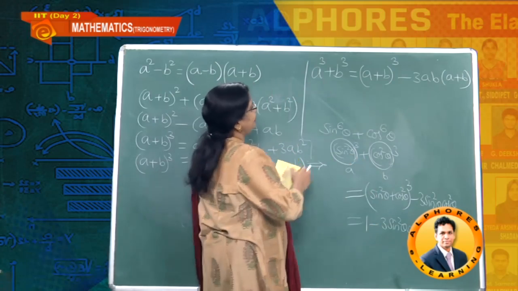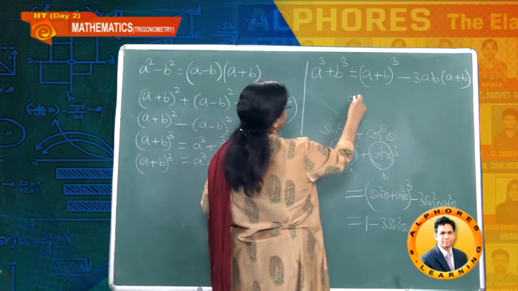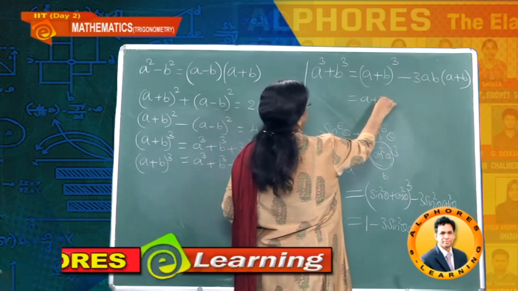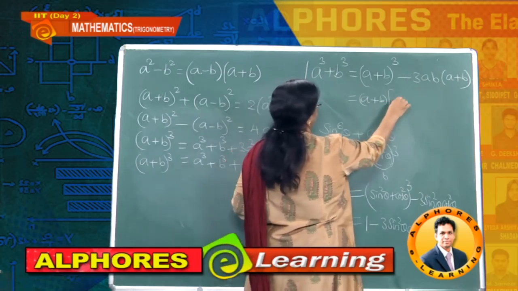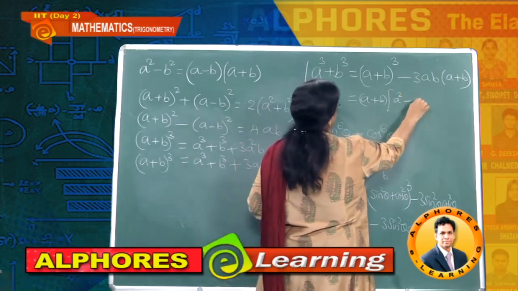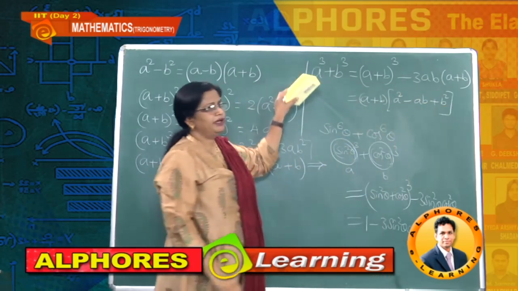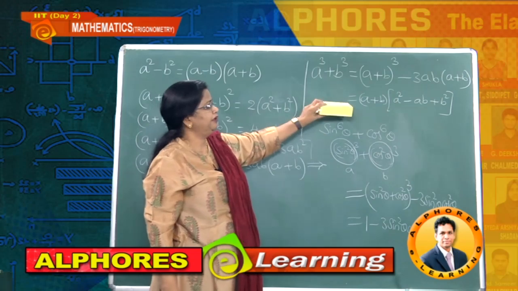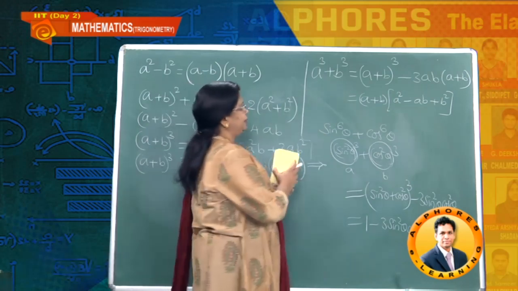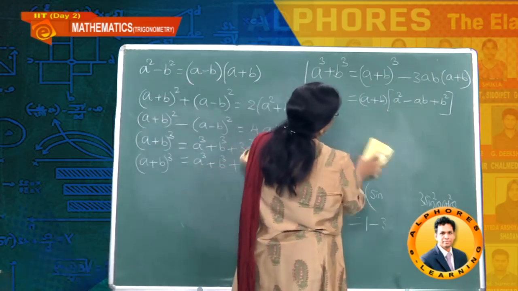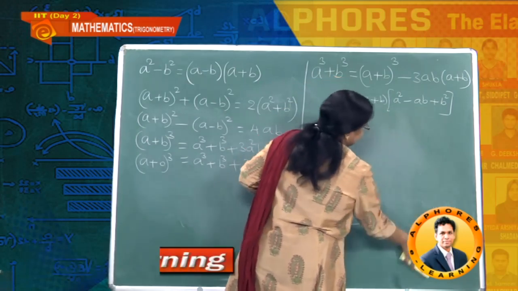The same formula again you can write, after simplification, as (a plus b) I am taking common, and if you do simplification, (a square minus ab plus b square) also. So a cube plus b cube you can even write in this way also. Sometimes this is useful, sometimes that one is useful.